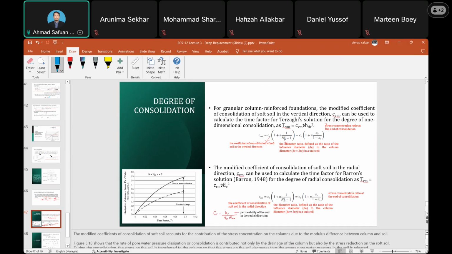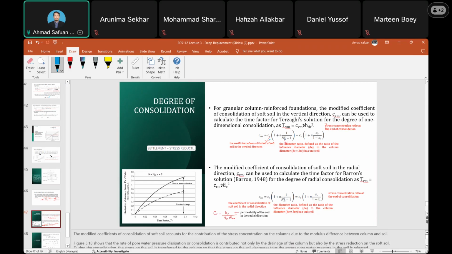CV we can get from the coefficient of consolidation. CR we determine from the KR over gamma W, MV for the soil. So ND is the diameter ratio, defined as the ratio of the influence diameter DE to the column diameter DC.